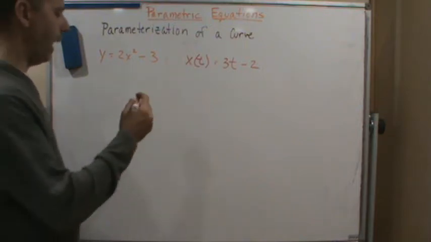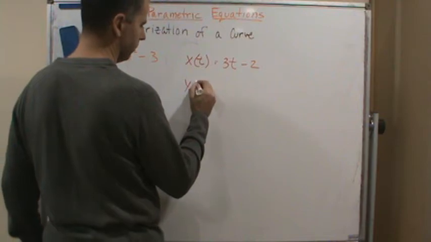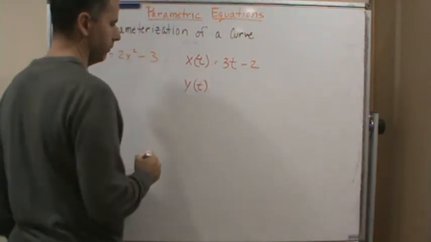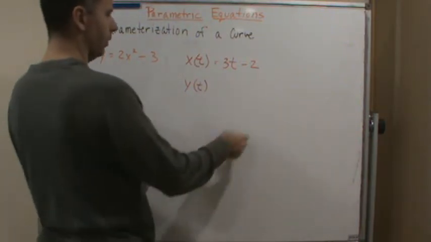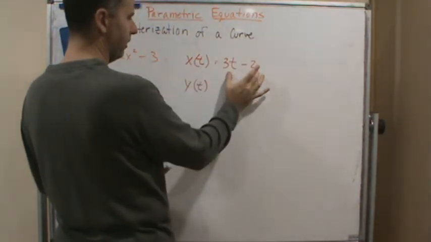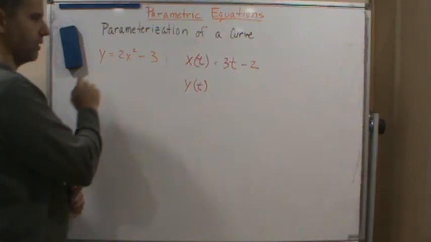So what would y of t need to be? We're going to substitute x of t, equal to 3t minus 2, into the equation.